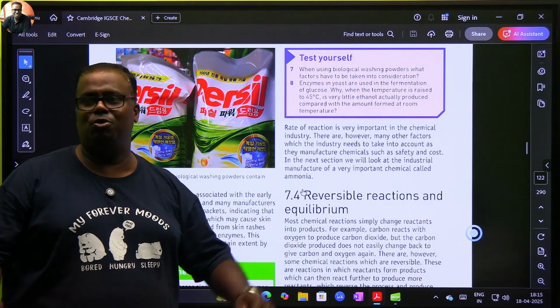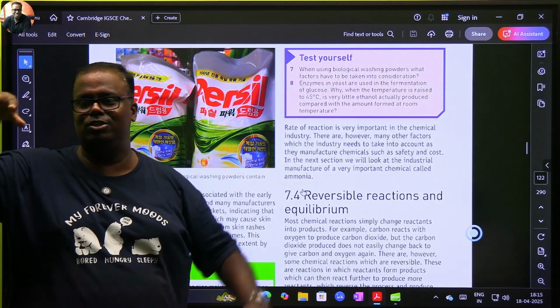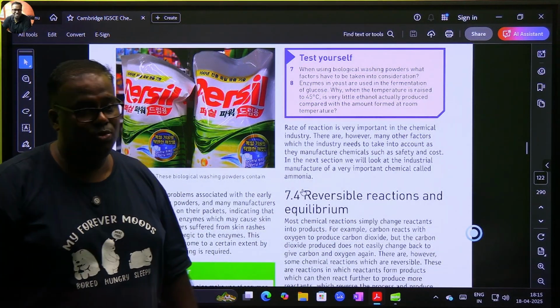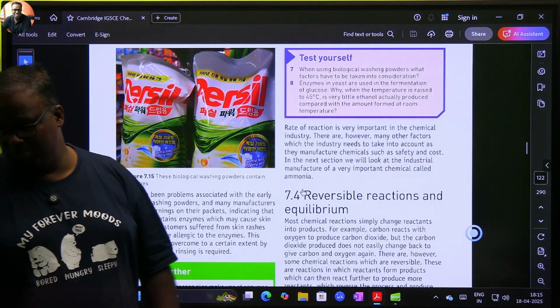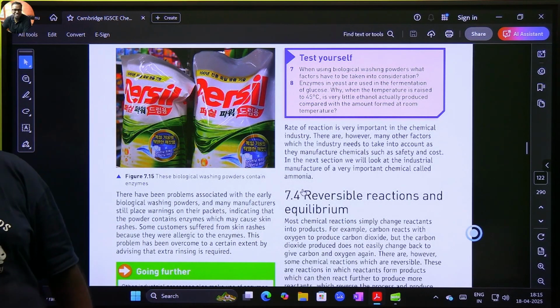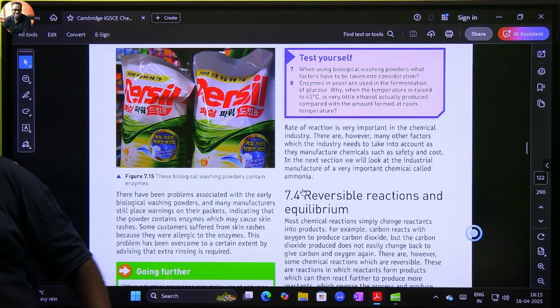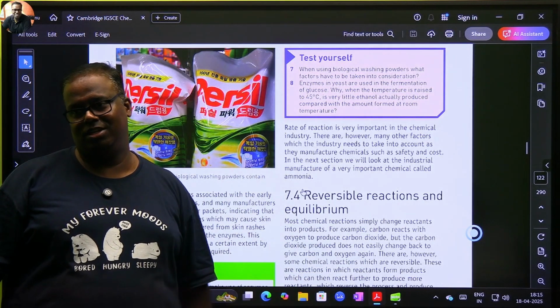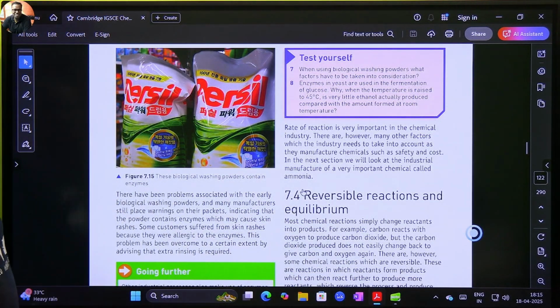As a result, the moment they take the shirt out and hang it, it will still have detergent on it. And nowadays, if you are not rinsing properly and you're wearing black trousers, after it has dried you will see white stains on it. These stains are actually coming from that detergent and the hard water that you're using.